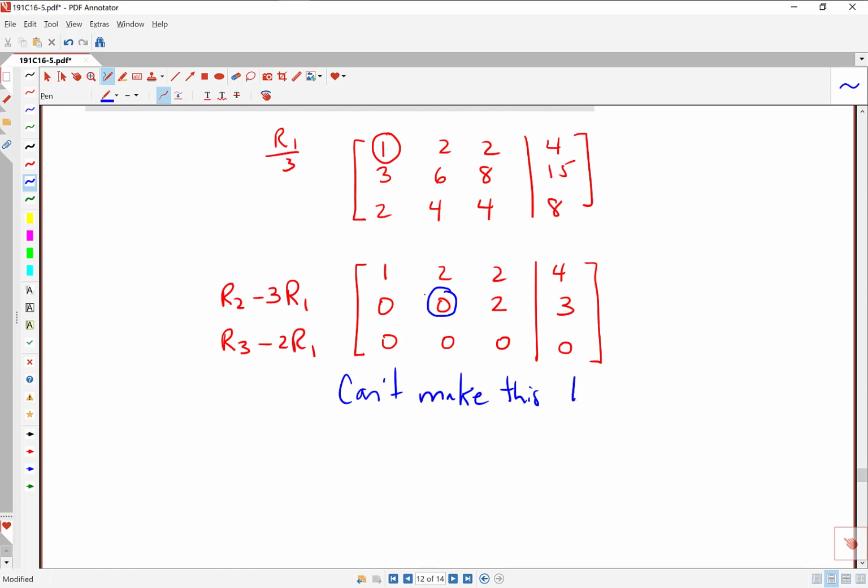And if we try doing something like adding a multiple of another row, well, that's just going to mess up the work that we already did in column 1. So once we realize that we can't make this 1, what we do is we move further right to find our pivot. So rather than choosing this 0 as the location for our pivot, we're going to move further right, and we're going to make this 2 the location of our pivot.